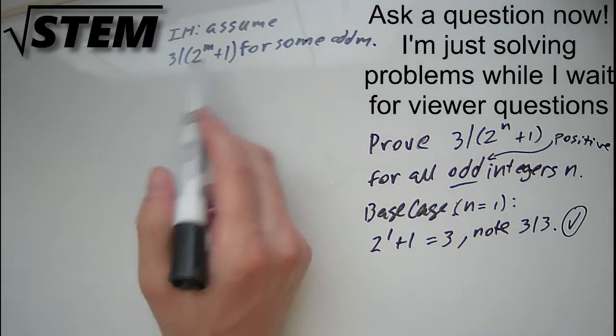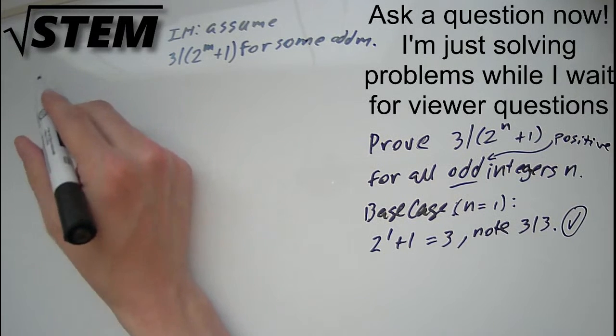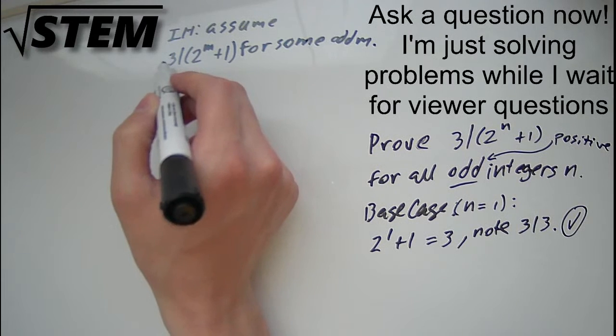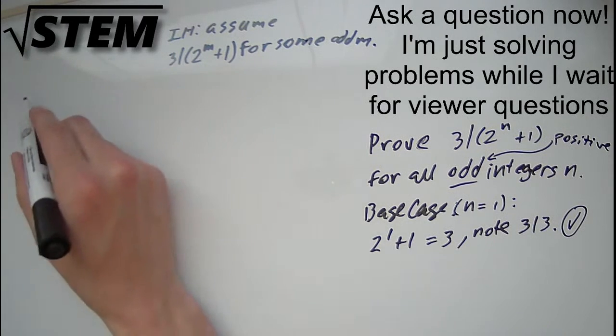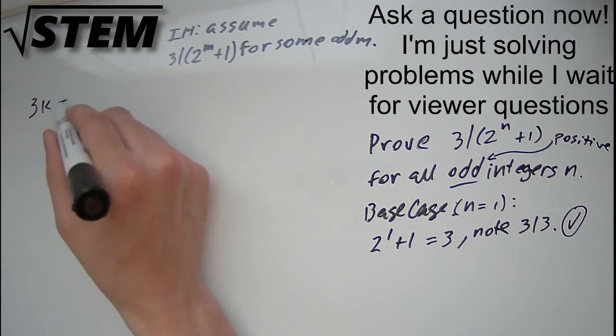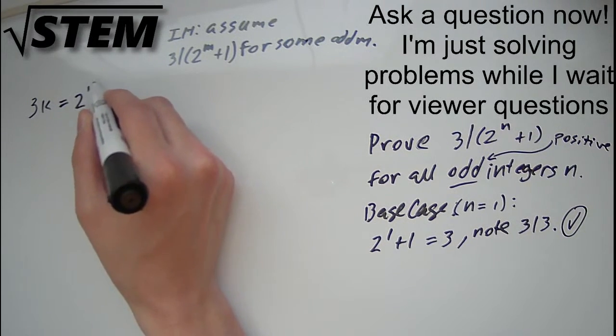So we can use our definition of divisibility here to say that if 3 divides this, that means 3 times another integer equals that. So we'll say 3k equals 2^m plus 1.